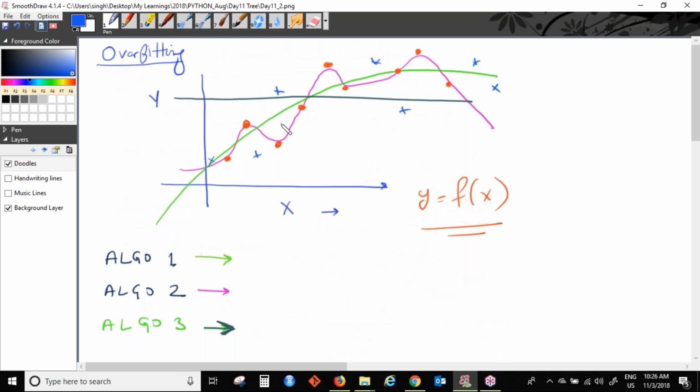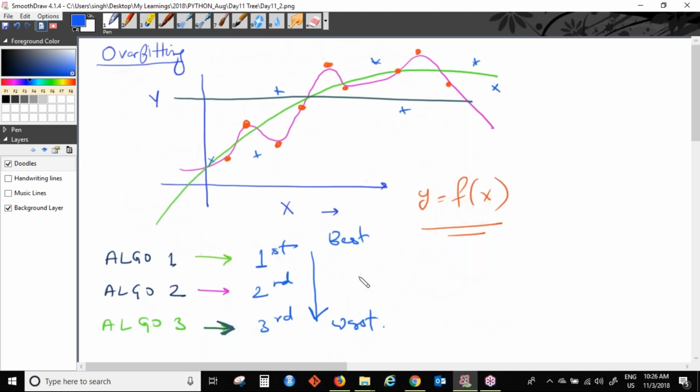But on the other hand, if you see the green one, the green one is pretty close to the test data points also. So I would say that the green one is the first best, this is probably the second best, and this is the third. This is the order. This is best, this is worst.